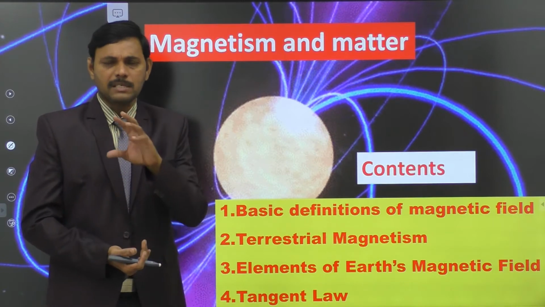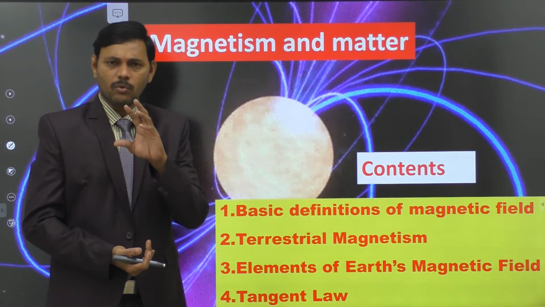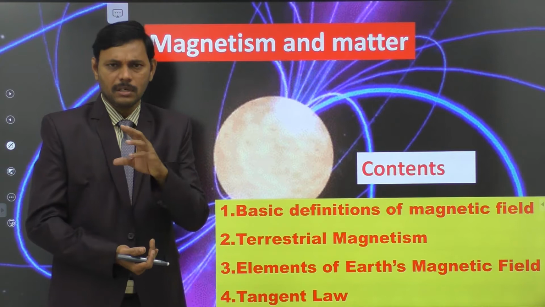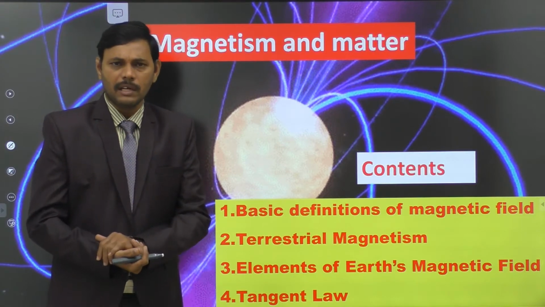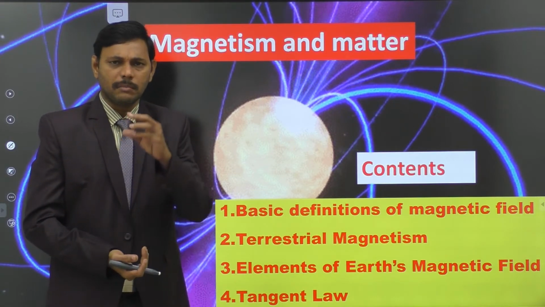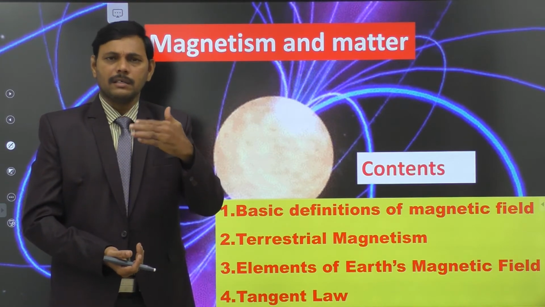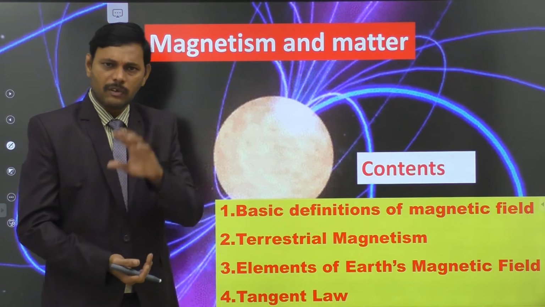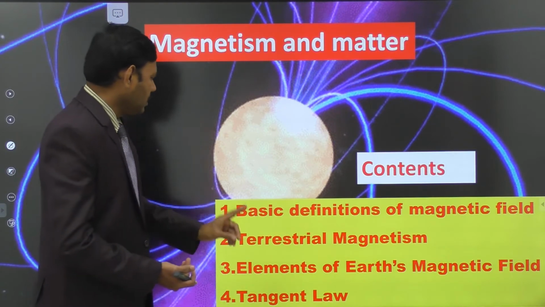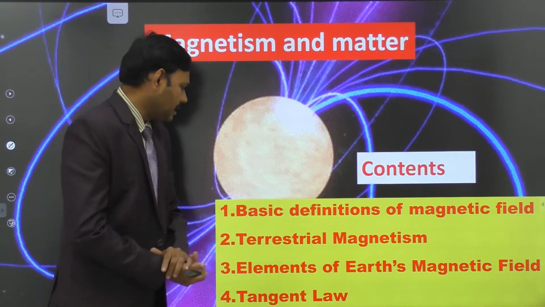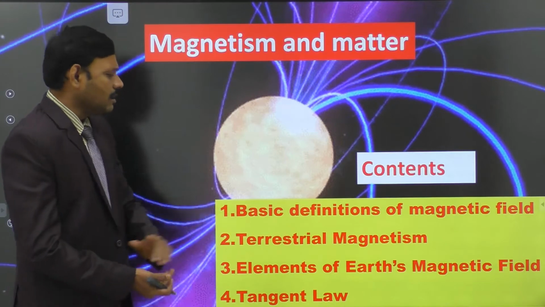We have some basic parameters or quantities by which we know the magnetic field in the region as well as the magnetic field present in a material. Those will be defined first of all in basic definitions of magnetic field. Next, terrestrial magnetism.